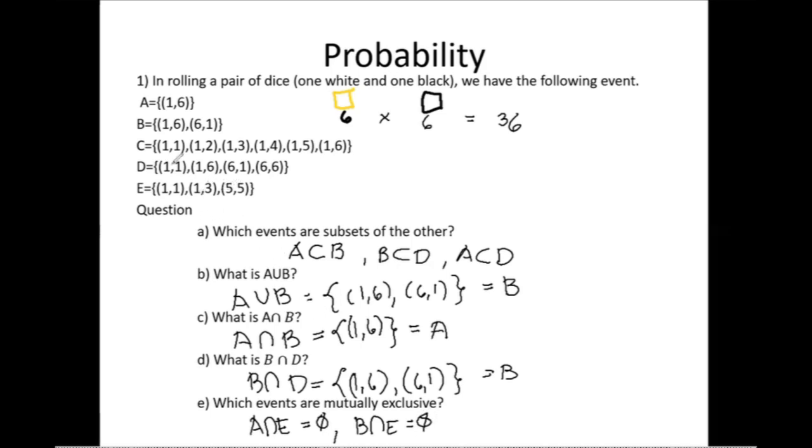Okay? Meron pa ba? A and E, B and E, C and E, hindi pwede, merong 1, 1. D and E, hindi pwede, may 1, 1. AB, hindi pwede. AC, hindi pwede. AD, hindi pwede. BC, hindi.